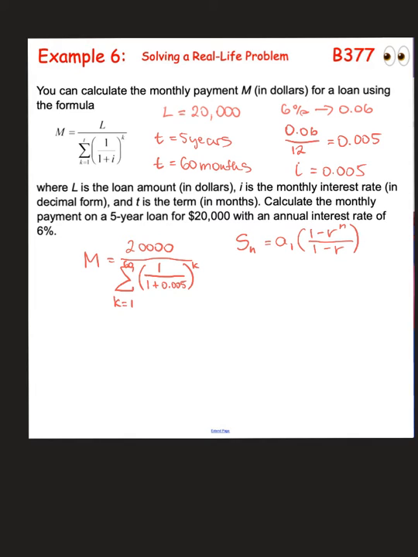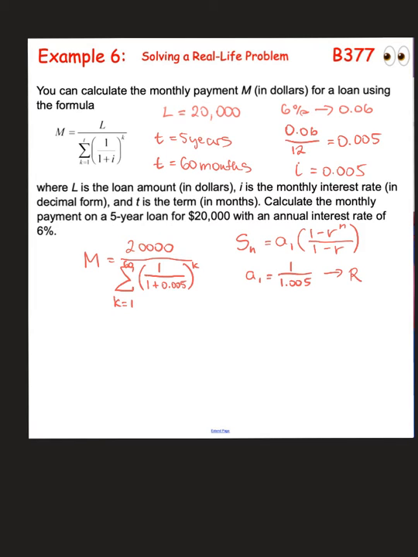If I substitute 1 into the formula, the first term is going to equal 1 divided by 1.005. And this value is also going to be our common ratio, and I'm going to represent it by capital R.